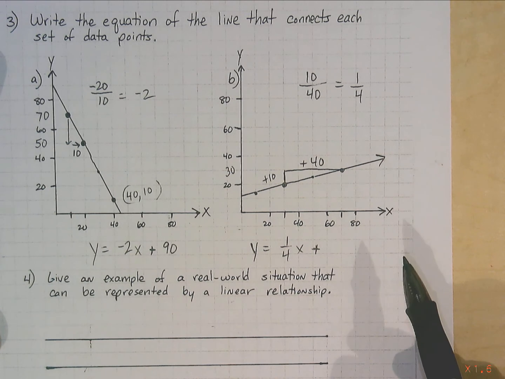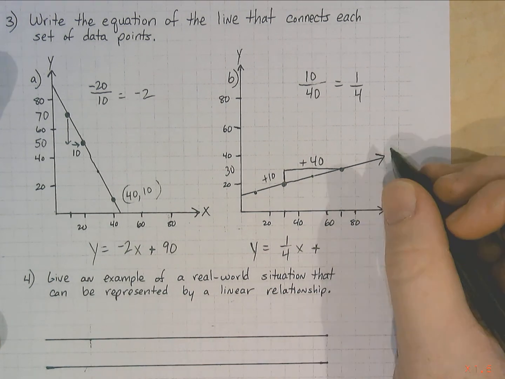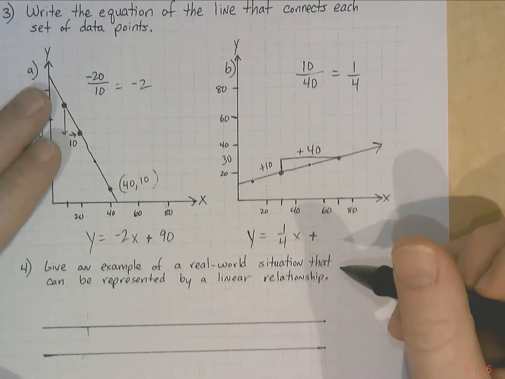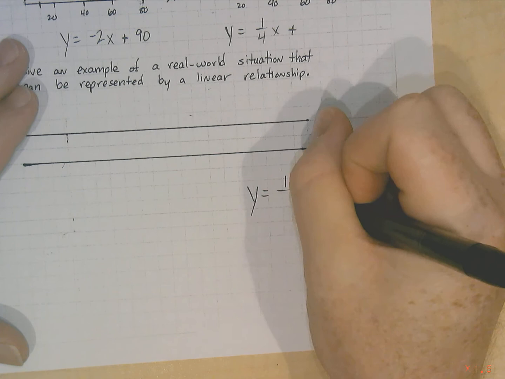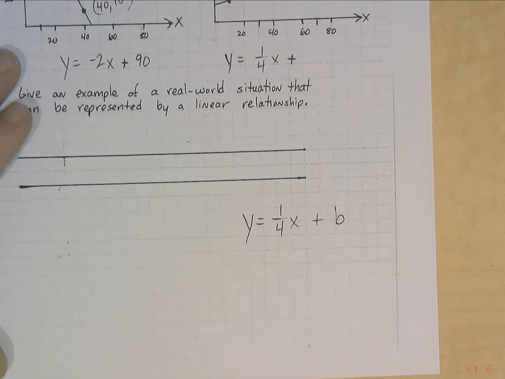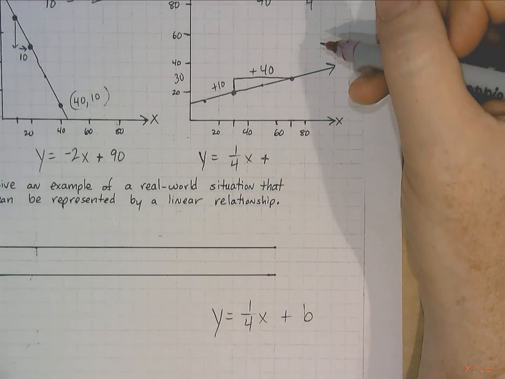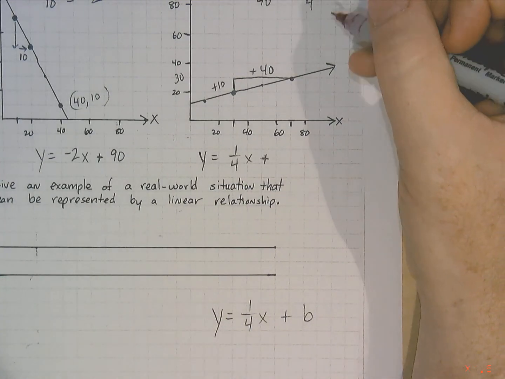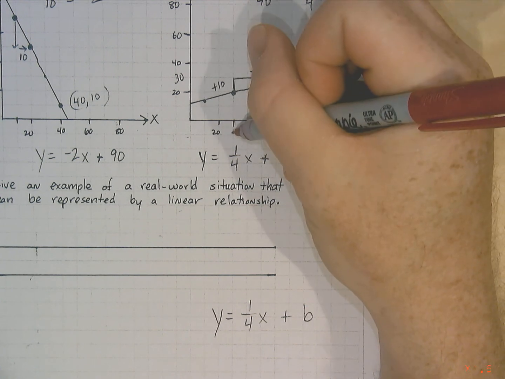So let's pick an ordered pair that we can plug into here and find out. I'm going to do this down here because I have more space down here. And we'll put down B because we don't know what B is right now. So I'm going to pick an ordered pair. Let's pick an easy one. Let's not make it too difficult.